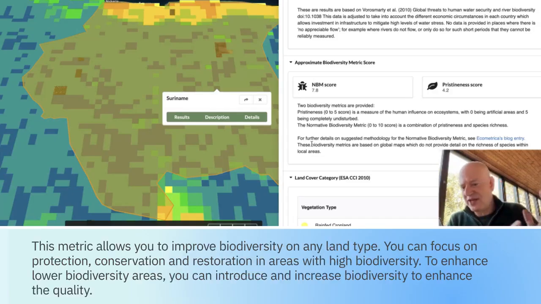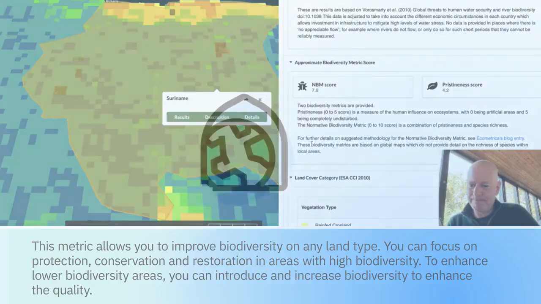If you have areas that are in a low normative biodiversity metric score, you can still do very positive things to introduce biodiversity, and to increase its score to make it more like a pristine environment. The important thing is to note that whatever land you have, whatever state it's in, there are always some constructive actions that you can take.